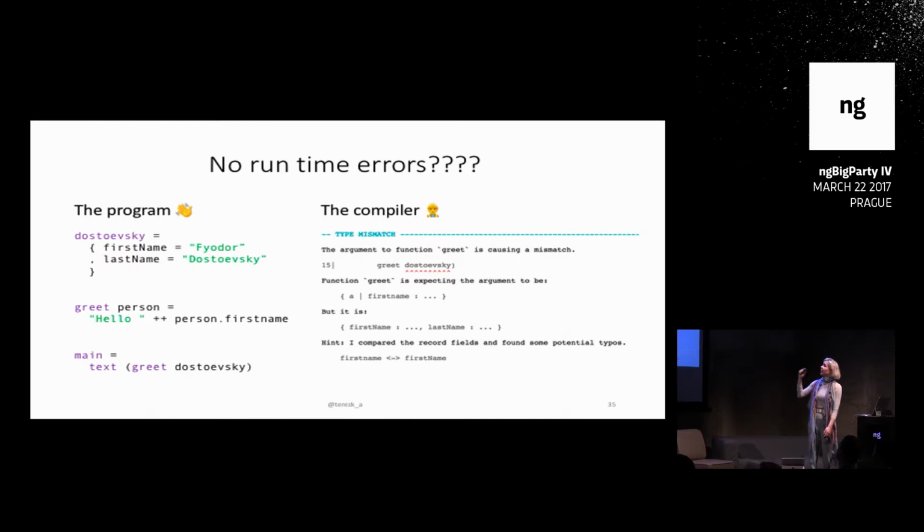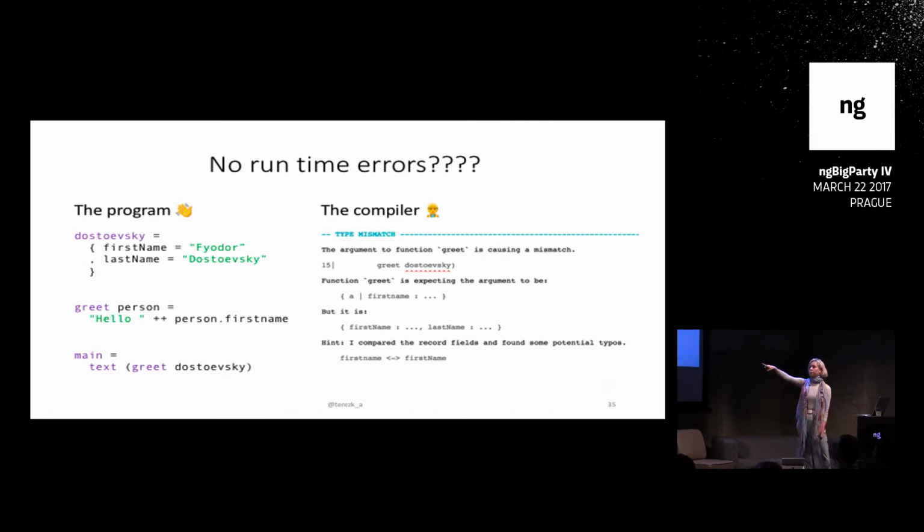Okay, so this is what will happen if you write a program, basically. This is a teeny tiny program which has what we call a record in Elm land, but it's really just an object.